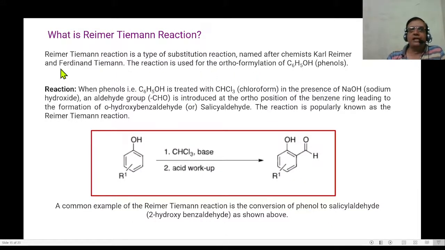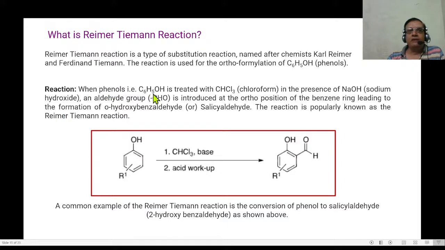What is the Reimer Tiemann reaction? The explanation is as given already. The Reimer Tiemann reaction is a substitution type of reaction, named after Carl Reimer and Friedrich Tiemann. The reaction is used for the orthoformylation of phenol. Here our substituted phenol is taken, and chloroform followed by the base and followed by the workup will result in the formation of our orthoformylated product.